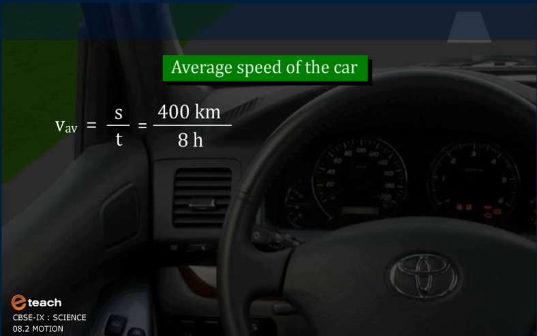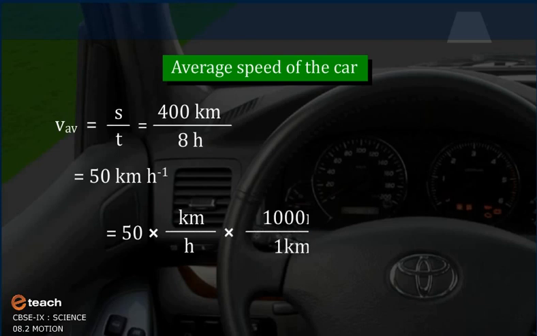That equals 50 km divided by hour multiplied by 1000 meter divided by 1 km multiplied by 1 hour divided by 3600 seconds, that is equal to 13.9 meters per second.